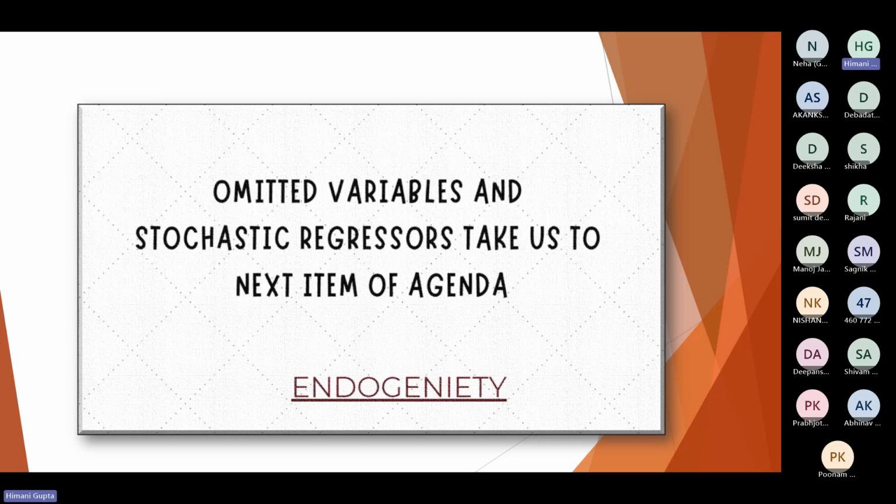It doesn't mean that a graduate will get a lower salary and a postgraduate will get a higher salary. It depends on the ability of the person also. Maybe a graduate is more able to take up work pressure compared to a postgraduate. I cannot measure ability, so it is unobservable and unmeasurable.